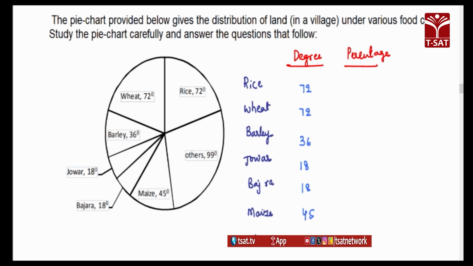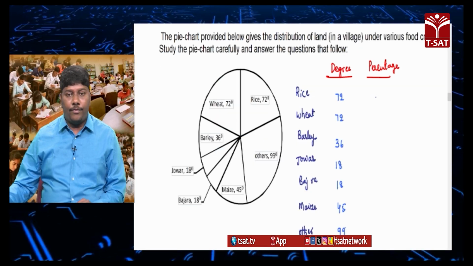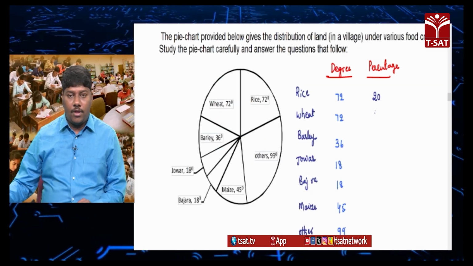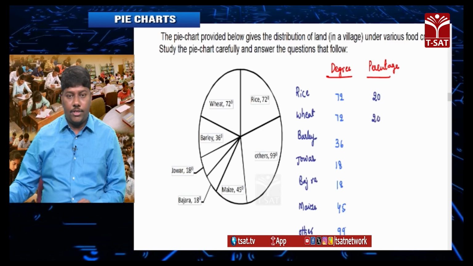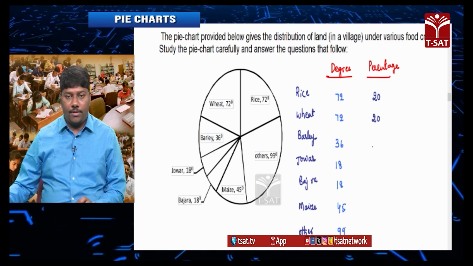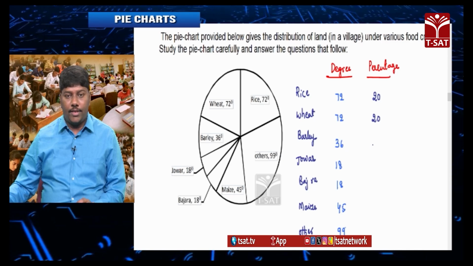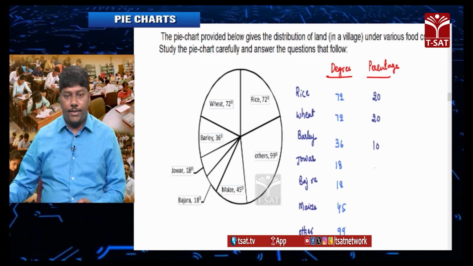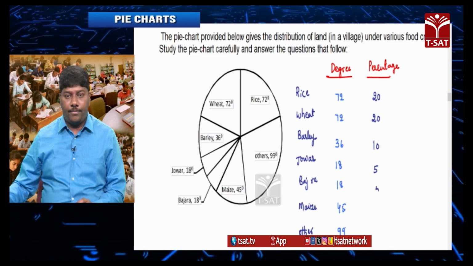If I convert it into percentage, look at the percentage. We know 18 fours are 72, therefore 5 fours are 20. Wheat is also 5 fours are 20. 36 is 18 twos are, therefore it is 10. 18 is 5. 18 is 5.